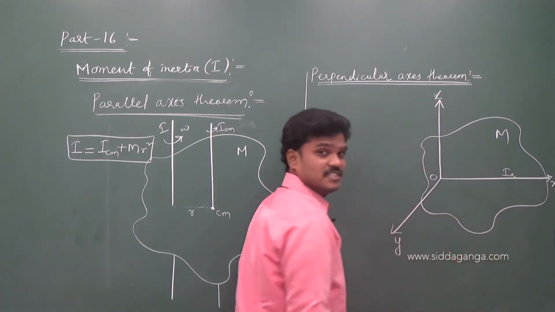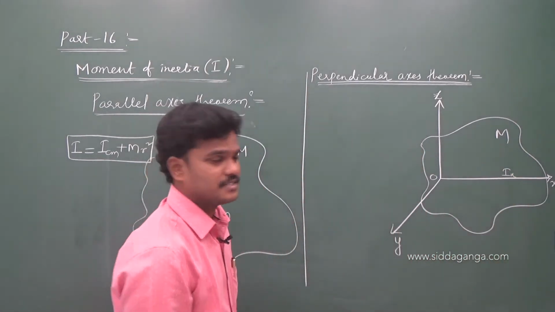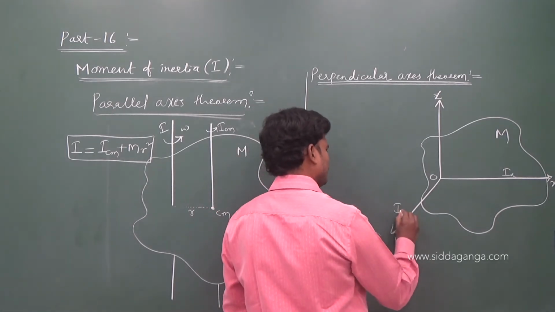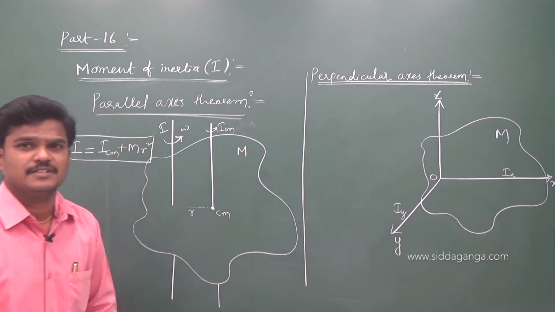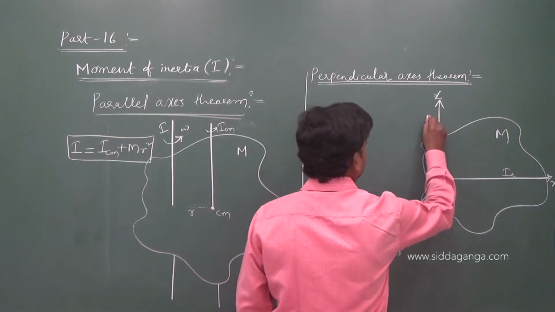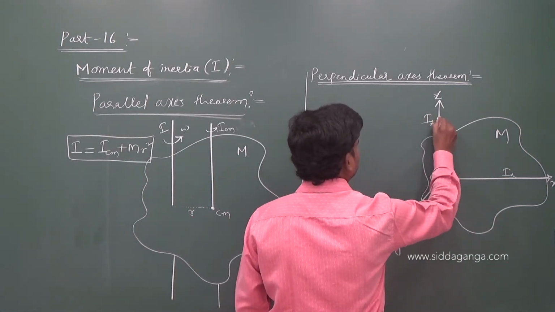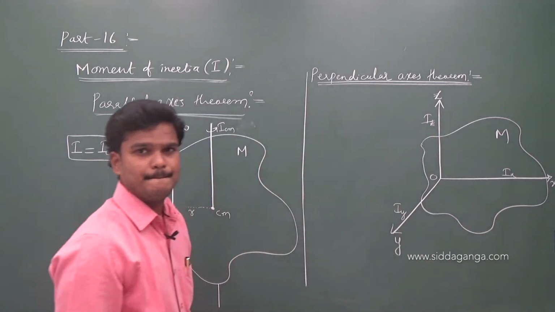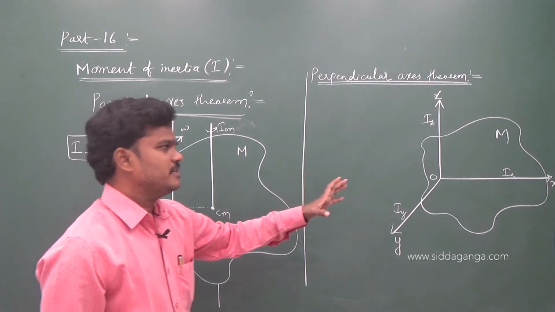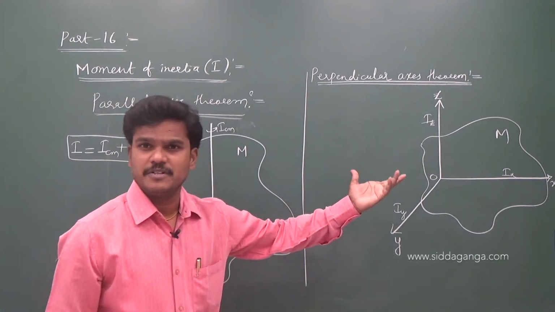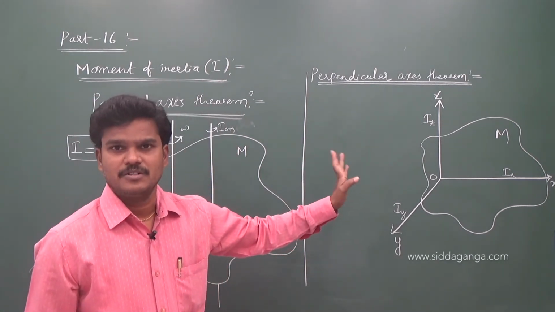Let Ix be the moment of inertia about the x axis, Iy about the y axis, and Iz about the z axis. Just see this rigid body rotating in the xyz coordinate system.